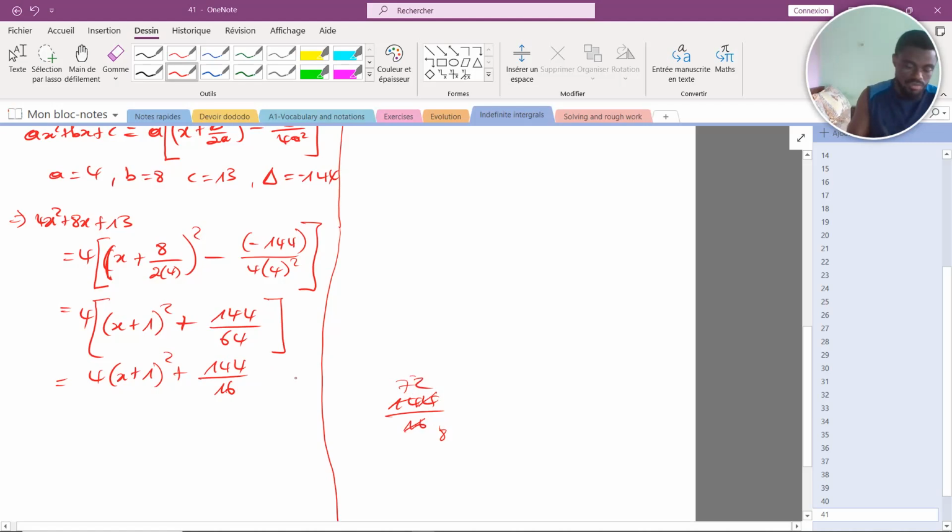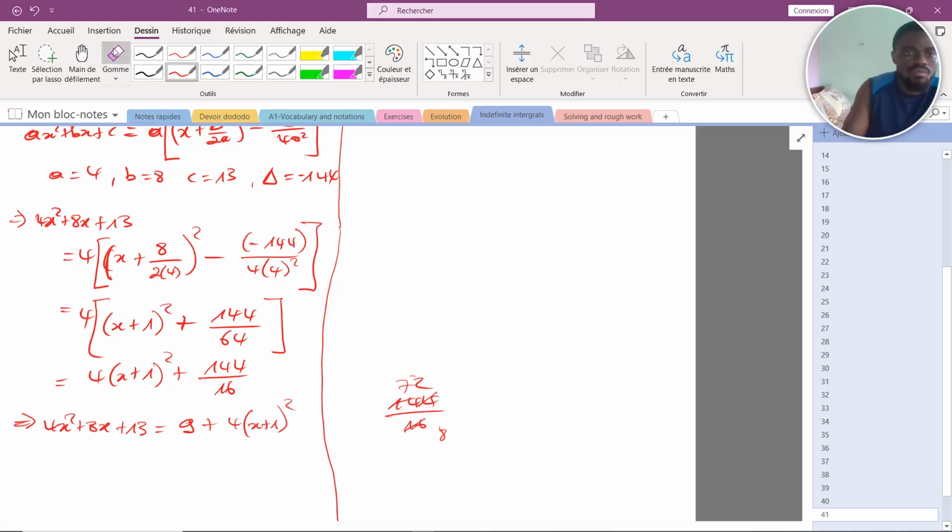So you could just even divide 144 by 16. 144 by 16 is 9. So it implies 4x squared plus 8x plus 13 in completed square form will be equal to 9 plus 4 into (x plus 1) squared. Very good.